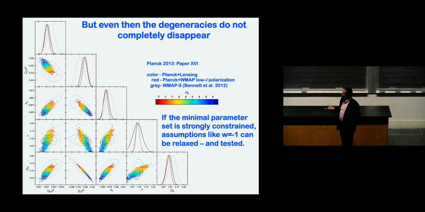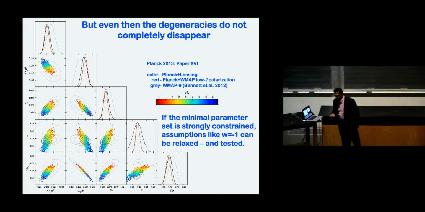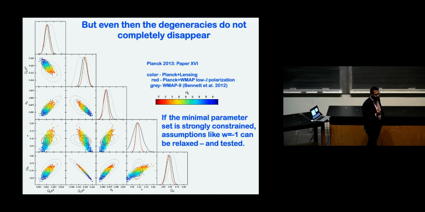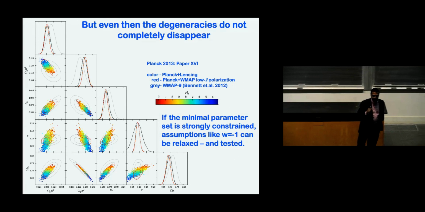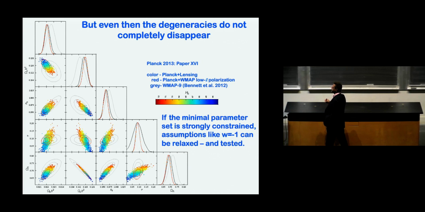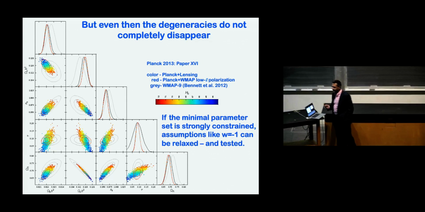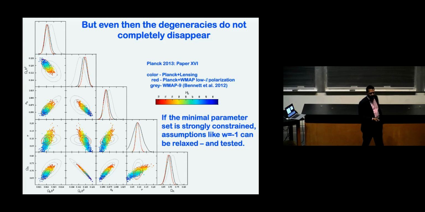Well, it does, because as I just mentioned, to get to this stage, we had to make some assumptions about the nature of dark energy. But we would like to actually understand what the nature of dark energy is. Is it really a cosmological constant, or does it behave differently? Is it a fixed number that's been invariant over the age of the universe, or does it change with time?